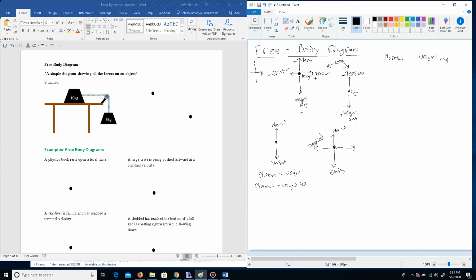Because we need the applied force minus something else to equal 0. So what's going to be going against this applied force? Well, that would be friction. So applied force minus friction equals 0. Normal minus gravity, I'd call it weight, equals 0.